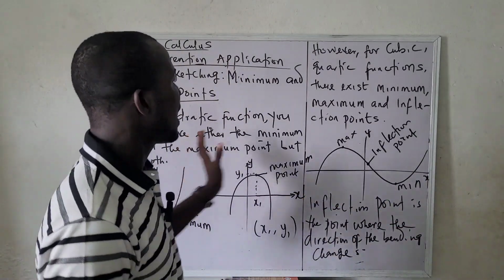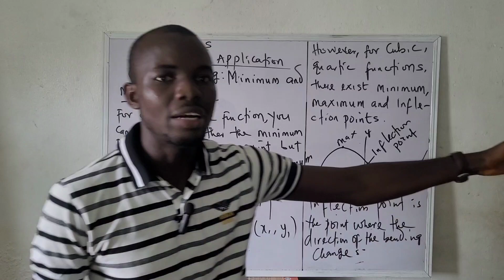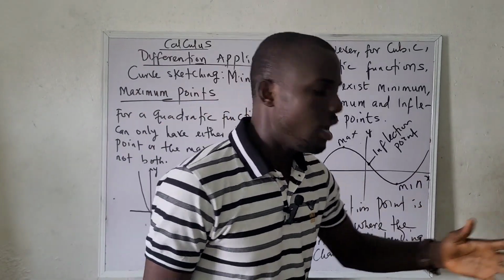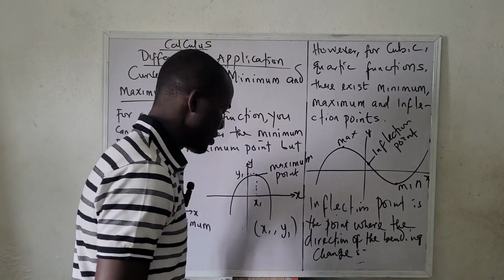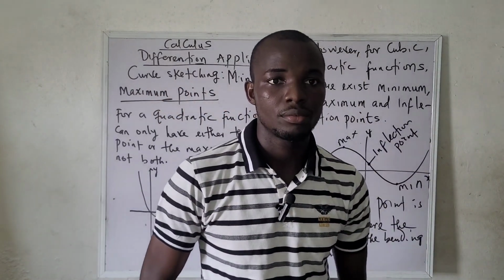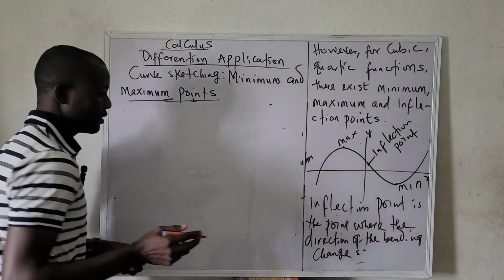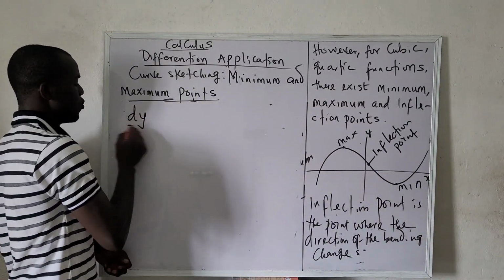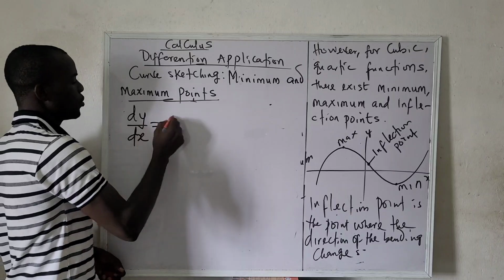Now, all of these are known as stationary points. Now, let us describe further what that means. That means at stationary points, our dy over dx will be equal to 0.